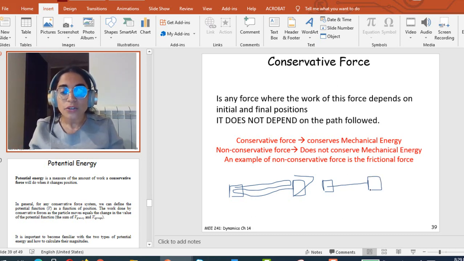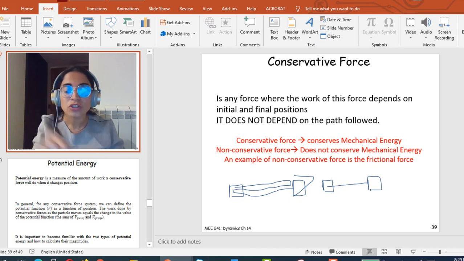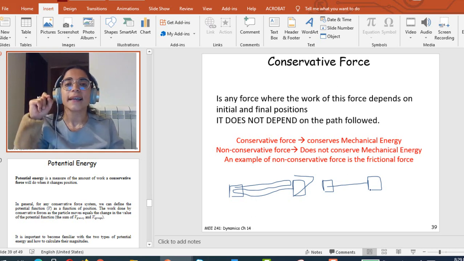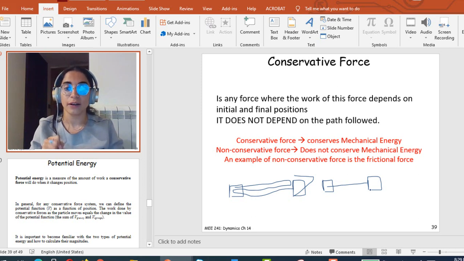So the path followed, the distance traveled by this particle, is going to affect the work of this frictional force. Always, the work of the frictional force is proportional to the distance traveled, right?